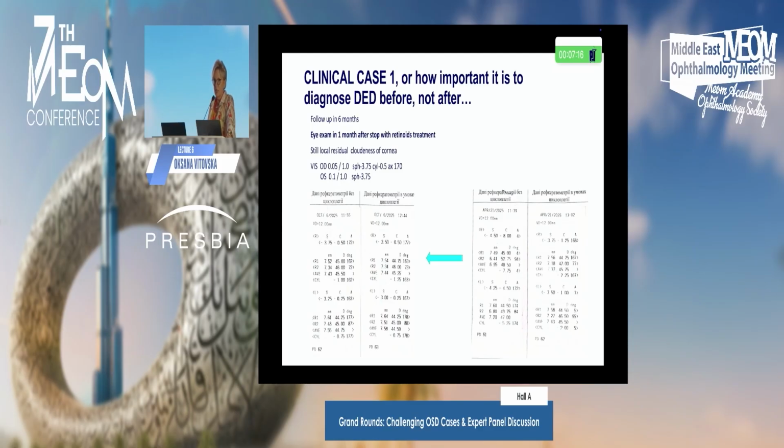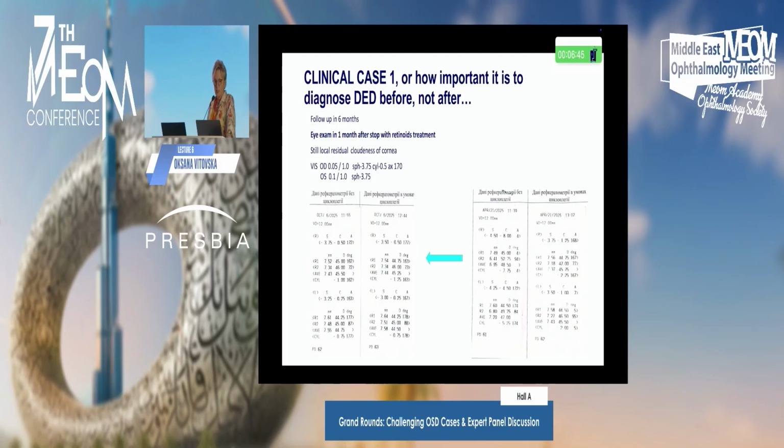Keratotopography also demonstrates improvement, and this patient continued his treatment with eye drops, lubricants with hyaluronic acid, anti-inflammatory eye drops, also cyclosporine, and afterward we decided to just follow up. We followed him up during 6 months with very little improvement of his status, but then after 1 month, when he stopped his systemic retinoid treatment, we invited him for examination.